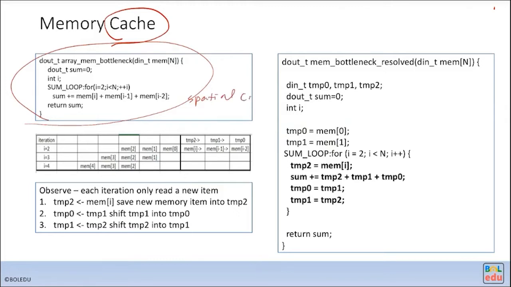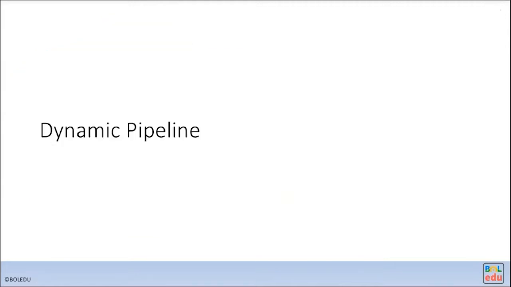With this locality, you can use the cache techniques, and you find out that you repeatedly use the previously accessed data, and each time you have only one new data to access. So you provide the template 0, 1, 2 as cache data to reduce the memory access. So that's the memory cache scheme.